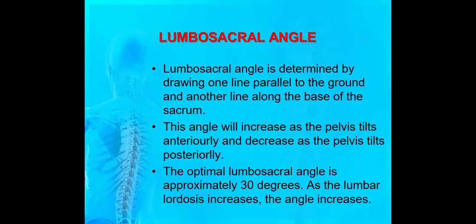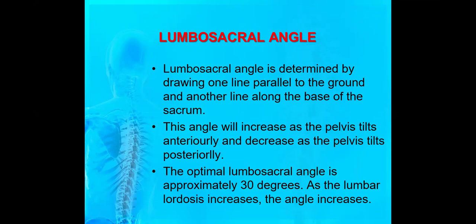So the higher the lordosis, the higher the lumbosacral angle would be. The normal value of this lumbosacral angle is 30 degrees. When there is hyperlordosis, the angle will be more than 30, and if there is hypolordosis, when the lordosis is absent, when the lumbar spine is straight, or when there is less lordotic curvature, then the angle will be less than 30 degrees. So as the lumbar lordosis increases, the angle increases.